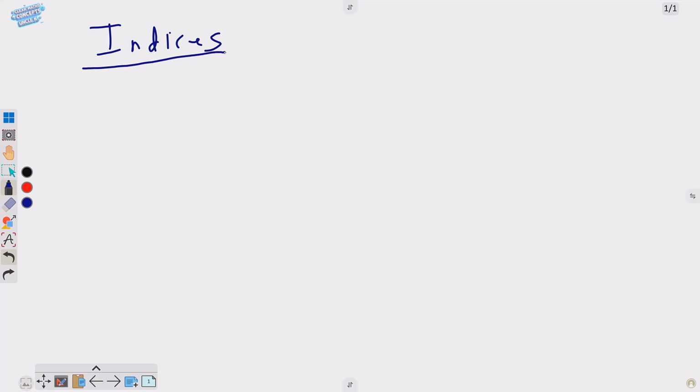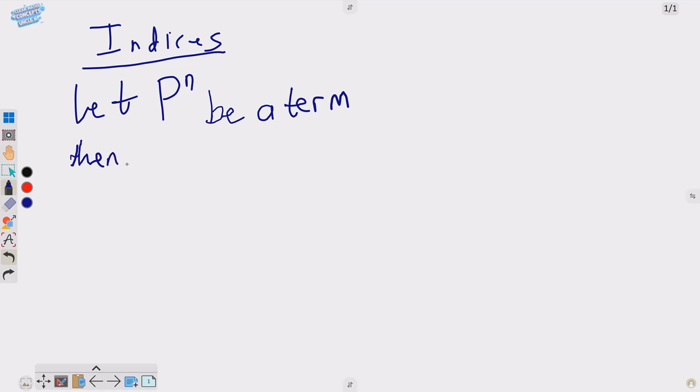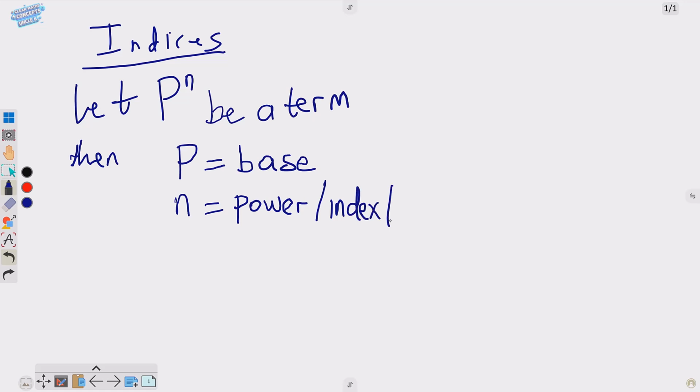If you have, let's say, p raised to n be a term, then p will be the base, while n will be the power, also referred to as index or exponent.